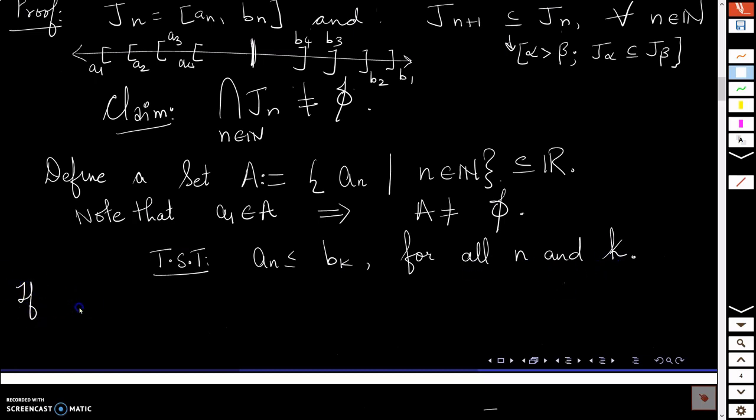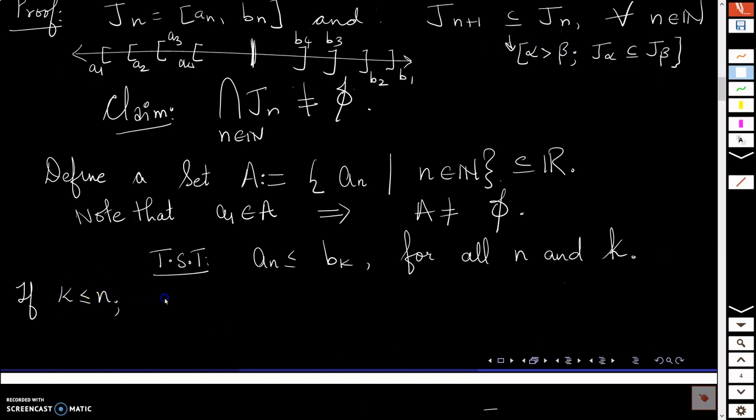Now k and n are two natural numbers. So it is possible that k is less than or equal to n, right? If k is less than or equal to n, n is a bigger number. And here we saw that if alpha is bigger than beta, then J alpha must be a subset of J beta by the definition of the intervals, right?